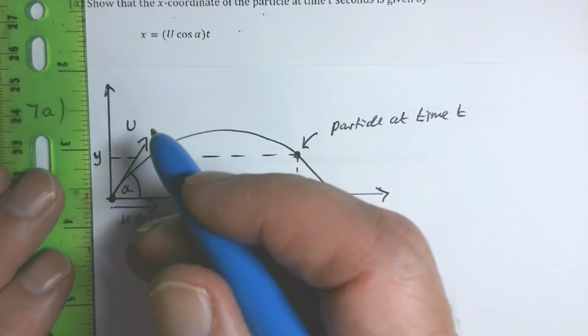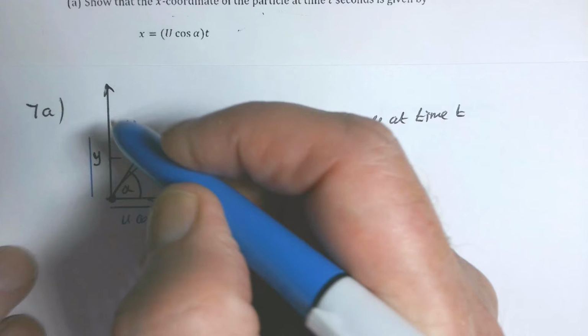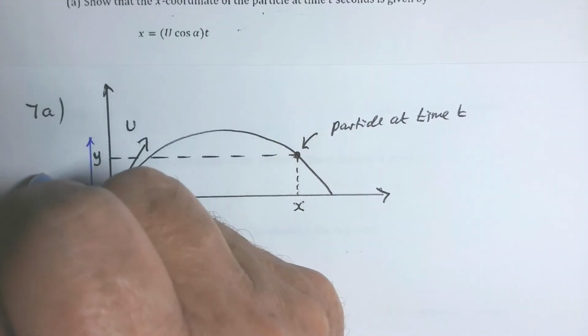I'll draw that over there. So we've got its two components, u cos alpha and u sine alpha.